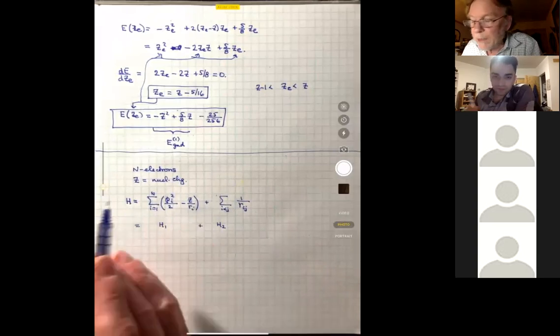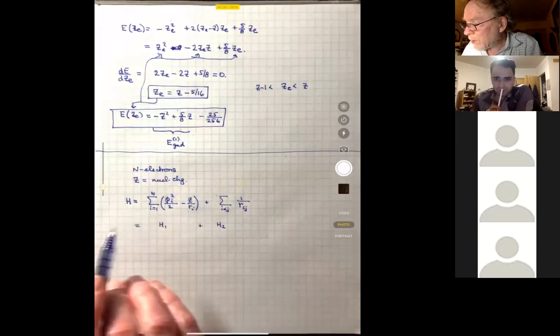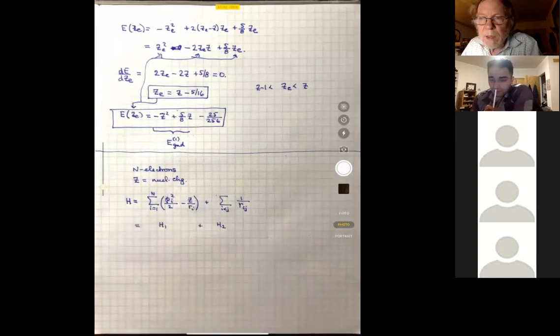It's a number of pairs, so it's actually quite comparable to H1, and it's not profitable in a multi-electron atom to treat H2 as a perturbation. We did that with helium, but that was marginal anyway. It gave us some quantitative, but mostly semi-quantitative results. Anyway, we're not going to use perturbation theory in this. We're going to use the variational method.